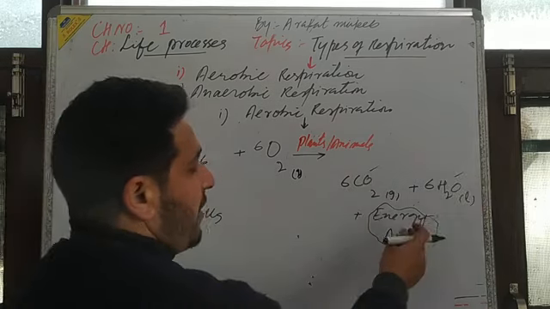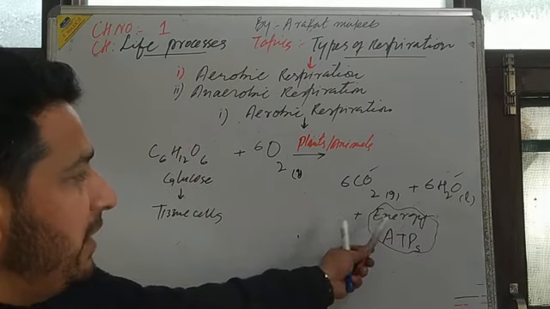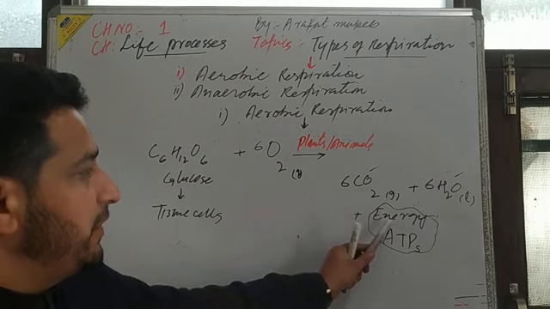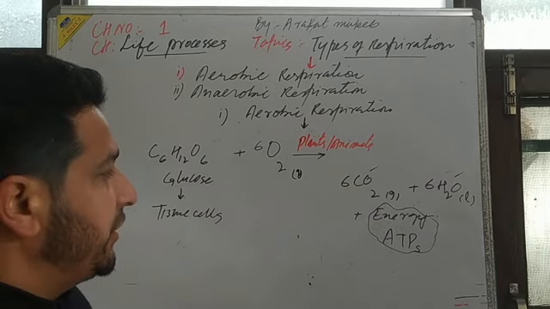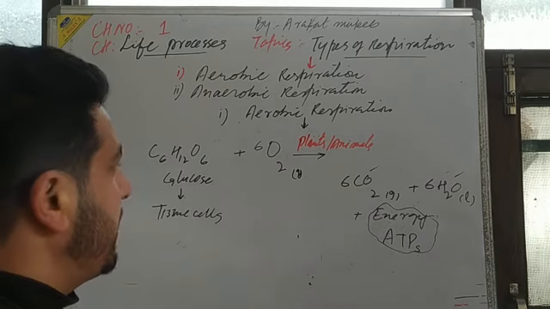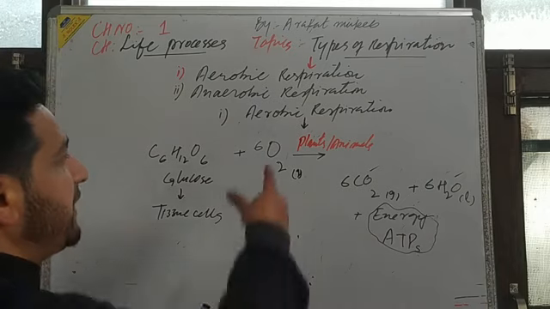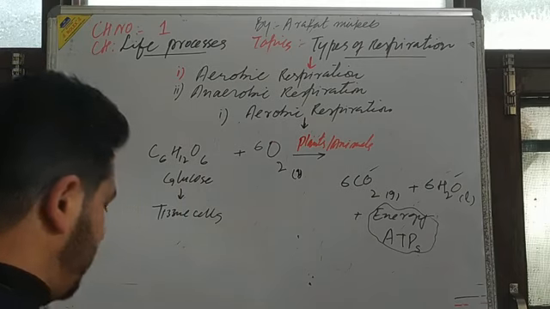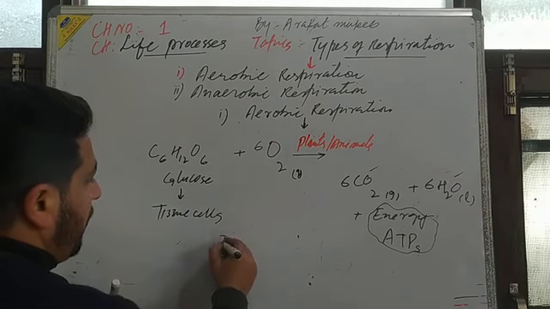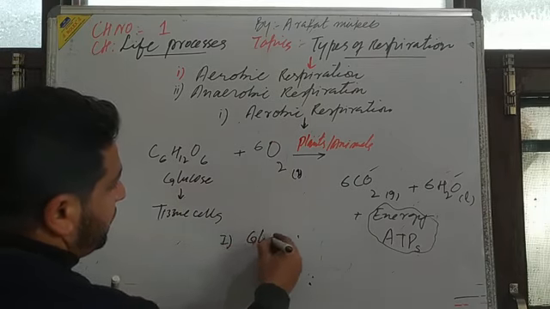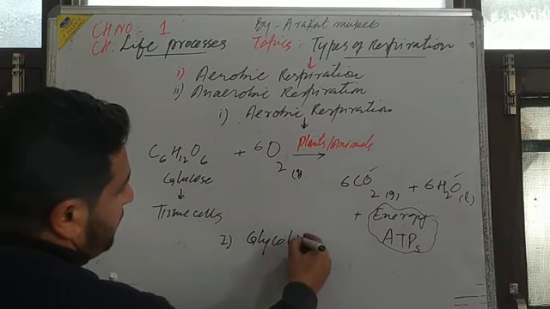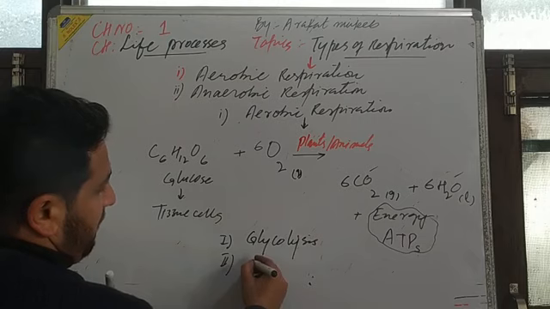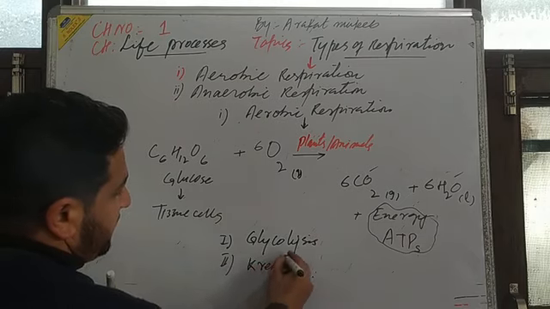But the important thing is that in aerobic respiration there is energy formation in the ATPs. We can say that aerobic respiration takes place in two setups. First is glycolysis, and the second setup is the Krebs cycle.